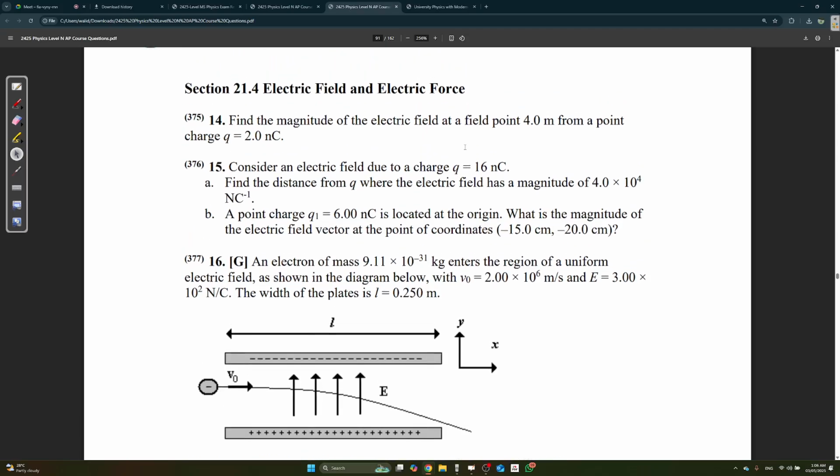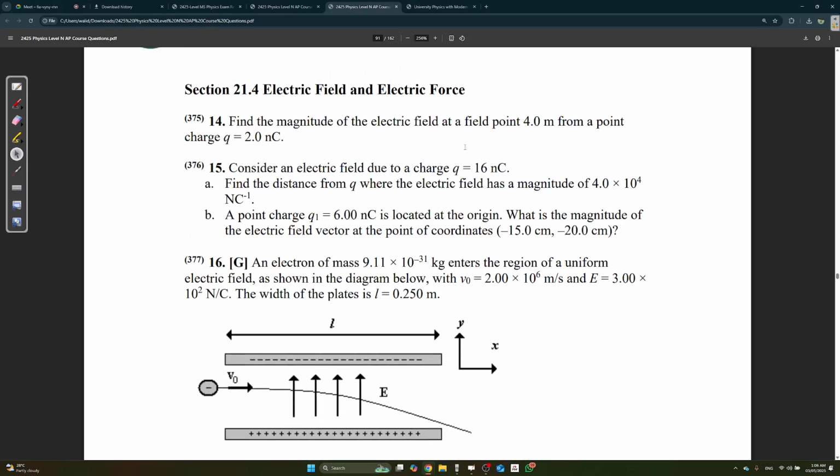15, consider an electric field due to a charge Q equal to 16 nanocoulomb. Find the distance from Q where the electric field has a magnitude of 4 times 10 to the power 4 Newton per Coulomb. So same thing, remember, electric field is E equal to kq over r squared. So we want to find r.